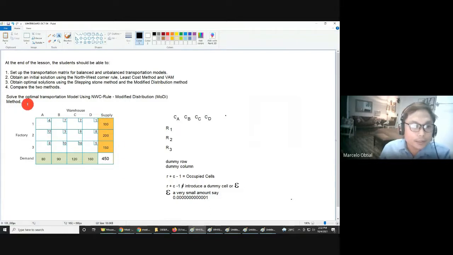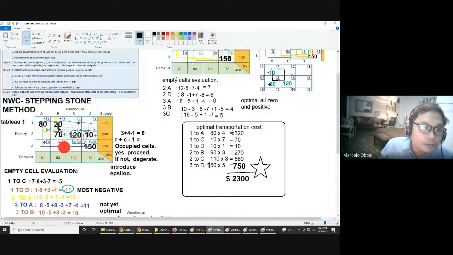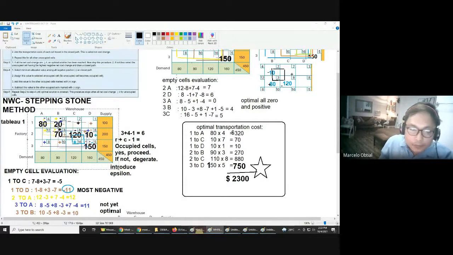Next. The instruction here is you're asked to solve the optimal transportation model using the northwest corner rule. We already answered this last time. We'll open our answer from last time. Okay, ito. So temporarily, I will copy this and put it in our whiteboard.